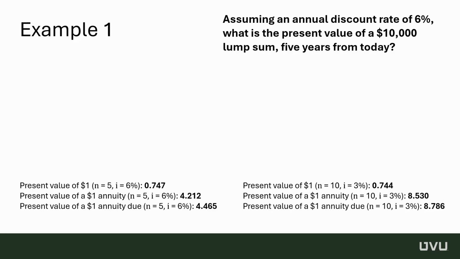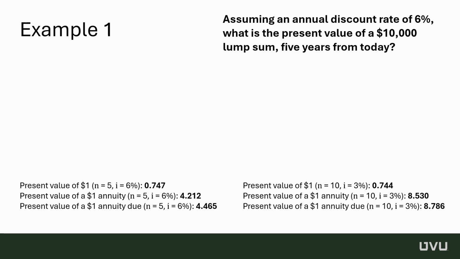With the problem in that top right-hand corner, we are assuming an annual discount rate of 6%, and we want the present value of a $10,000 lump sum to be received 5 years from today. The key phrase here is lump sum. This is one future cash flow. Because it is one future amount, we use the present value of $1.